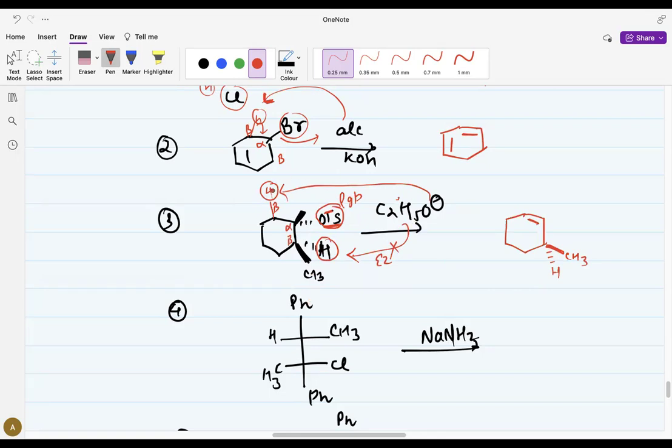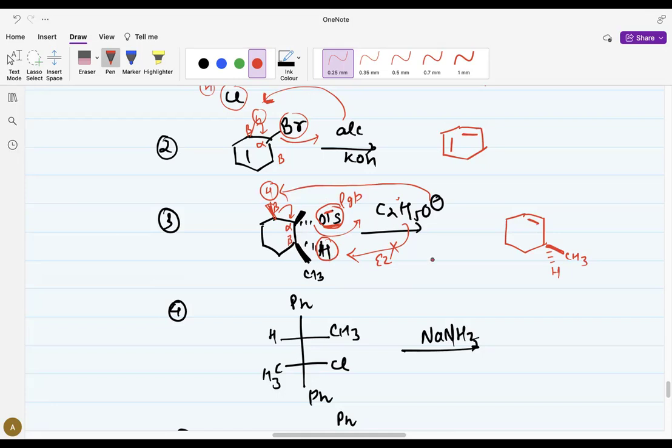So from above it will take hydrogen, make double bond, and remove the OTs from the back side. So this will be our major product, because this hydrogen can't be moved. We cannot take this hydrogen because the leaving group and this hydrogen are on the same side.